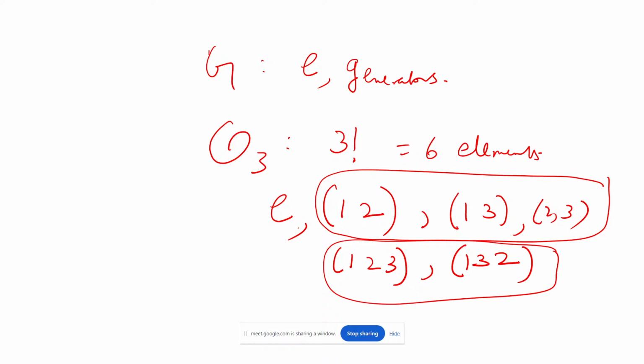And this is the shorthand notation of looking at this group, the symmetric group of degree 3, where 1, 2 and 3 are the 3 objects, and you allow transposition or permutation of the 3 elements, and you should end up getting the group elements of that group, which are 6 elements.